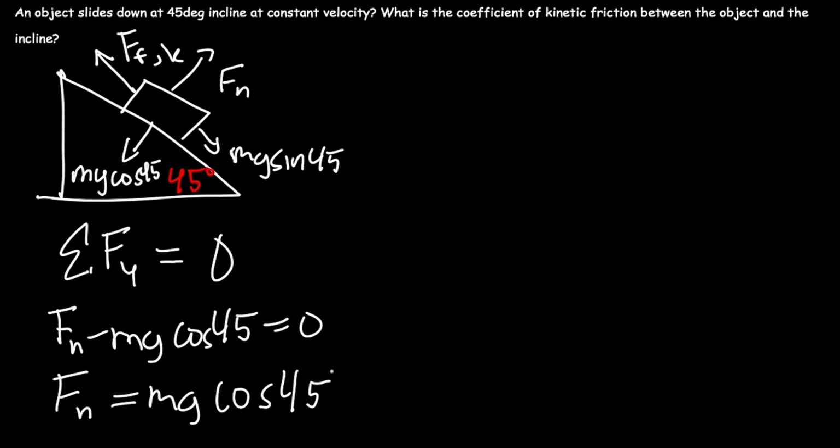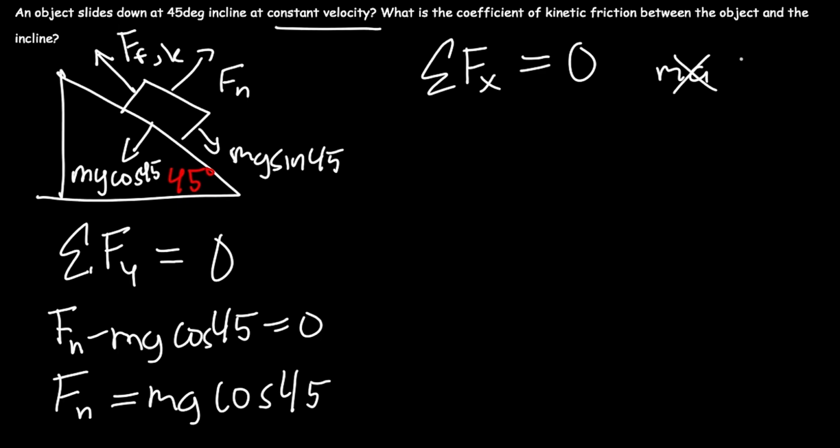Now, how about on the x-axis? On the x-axis, the summation of forces acting on the x-axis is equal again to 0, since at constant velocity nga siya. And yung forces acting on it is, we have mg sine 45 minus yung kinetic friction natin is equal to 0.